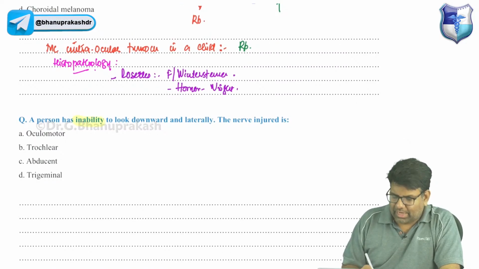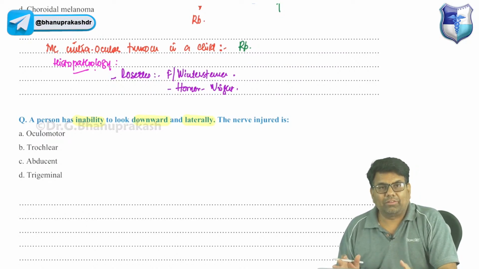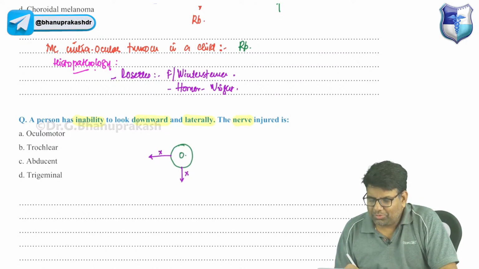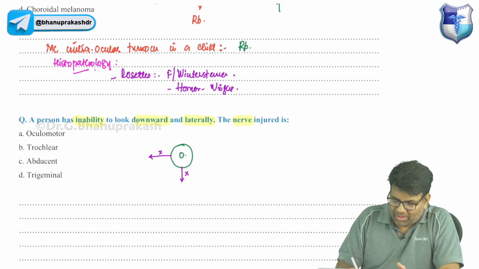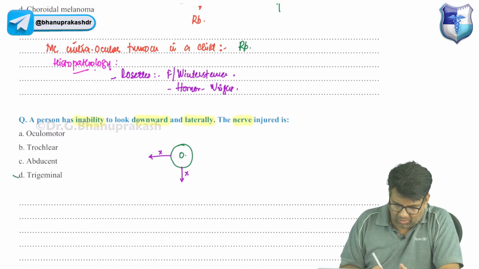Okay, chalo. Then the last question for this session. A person has inability to look downward and laterally. Which nerve is gone? Now there are two terms, and both have to be included in your answer. Before that, we can clearly rule out trigeminal.